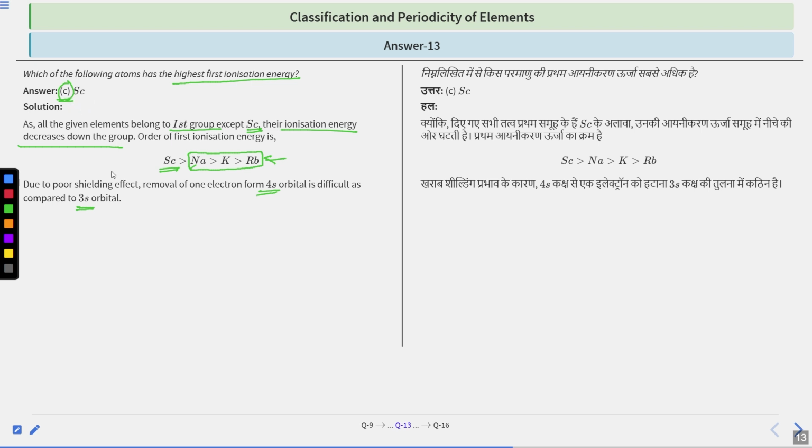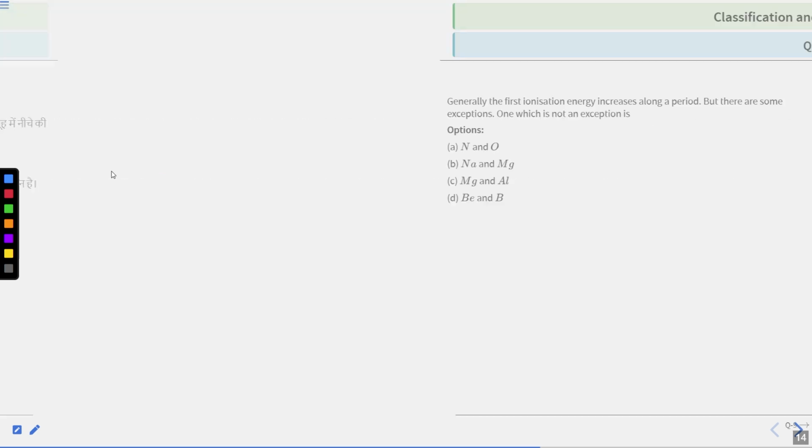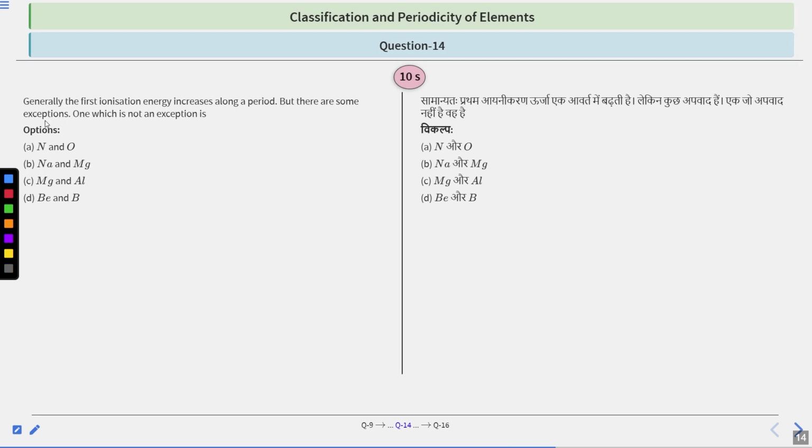Okay, let's move to the next question. Question number 14. Generally, the first ionization energy increases along a period. It is observed that the first ionization energy generally increases along a period, but there are some exceptions.